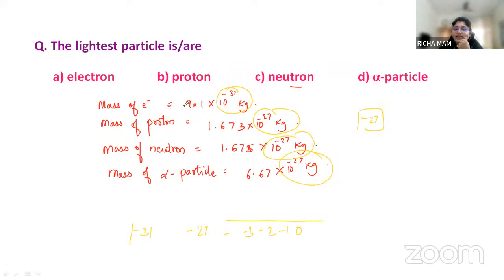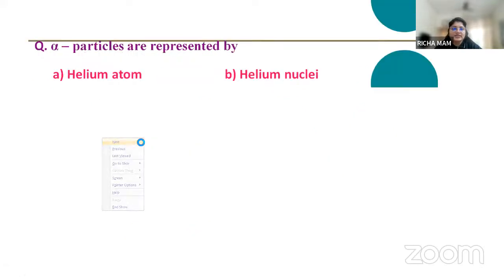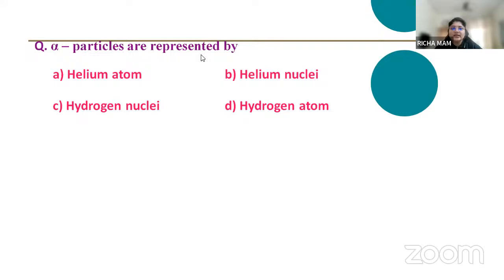So the lightest entity is the electron. Option A is the answer. Remember that whenever they ask you the lightest particle, you have to consider the masses. I hope this is clear.